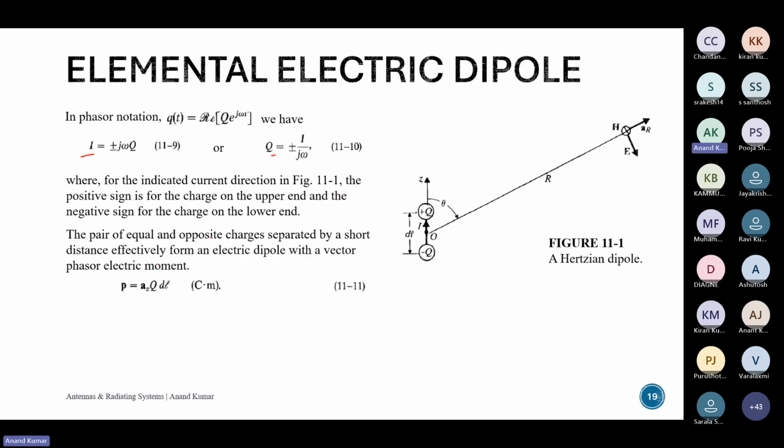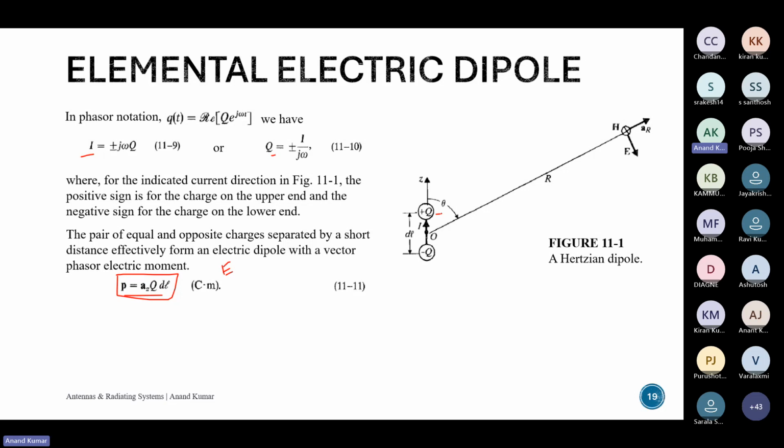Now we can define the dipole moment. The electric dipole moment comes from the first or second chapter, electrostatics essentially. It is defined as P equals Q into dl.